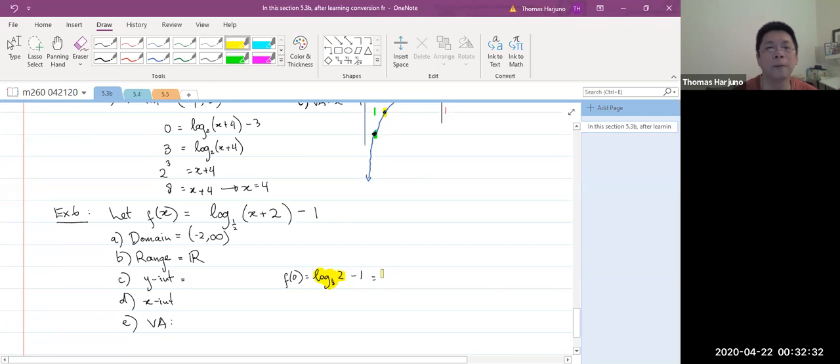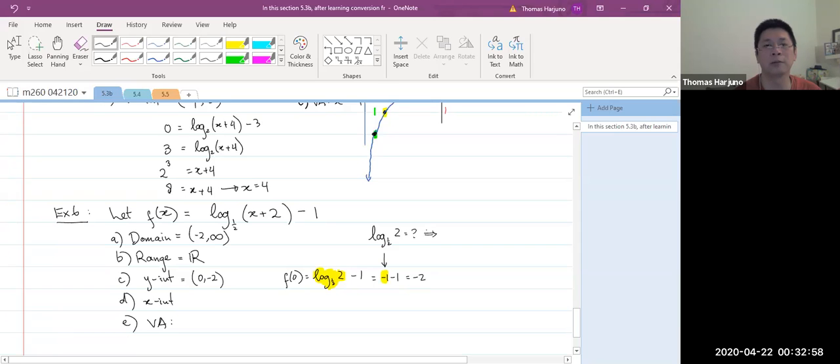What will that be? -1. Okay, so we get -2 here. The y-intercept is (0, -2). Now, if you wonder how we get that, then we ask log base 1/2 of 2 equals to what?